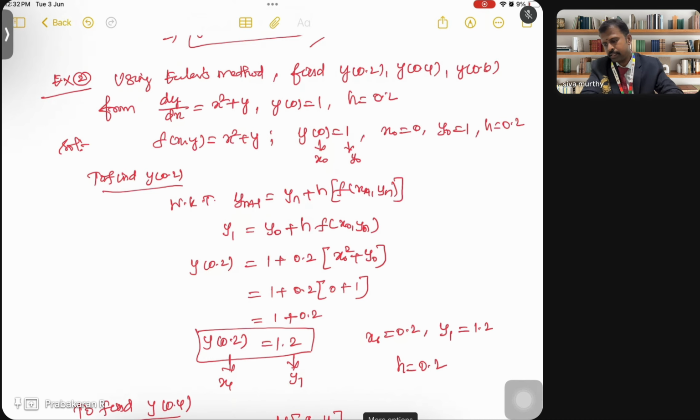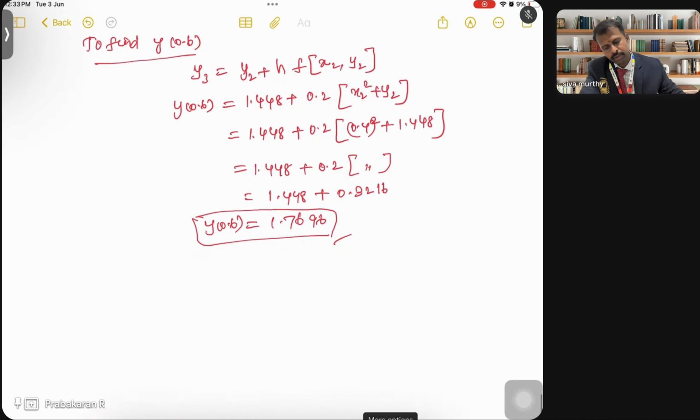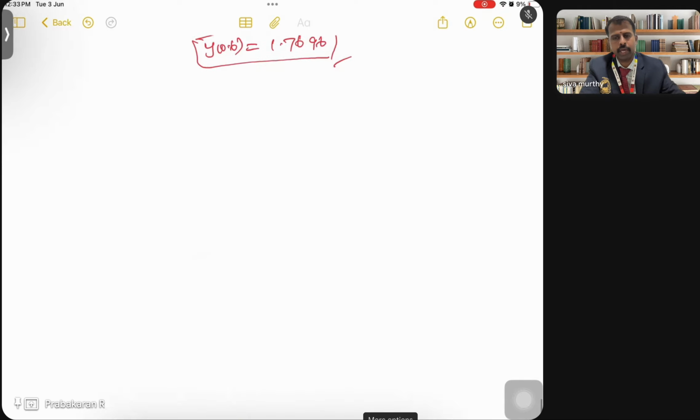If all of you understand this, then we will move to one more method, Euler's modified method.